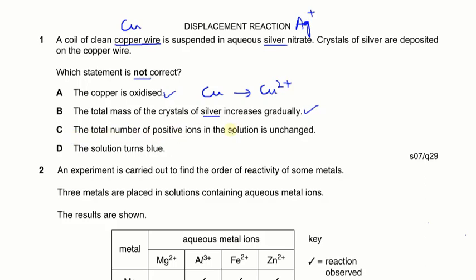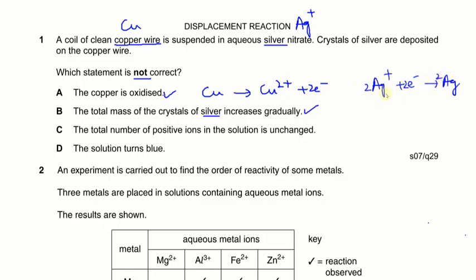The total number of positive ions in the solution is unchanged. That statement needs to be looked at carefully, because copper becomes copper ions by the loss of two electrons. On the other hand, silver positive ions gain one electron to form silver. If you balance this, copper loses two electrons and silver gains one electron, so you write two here.